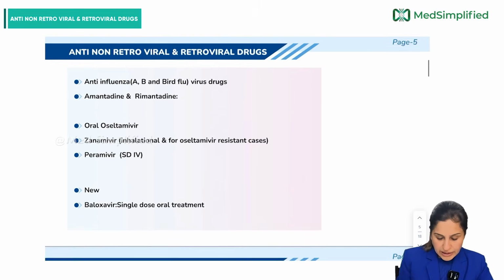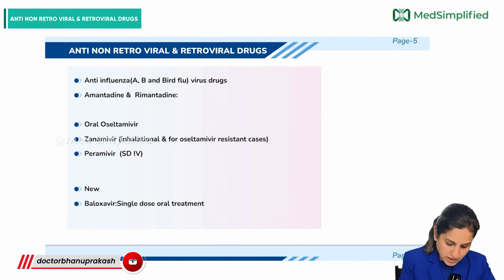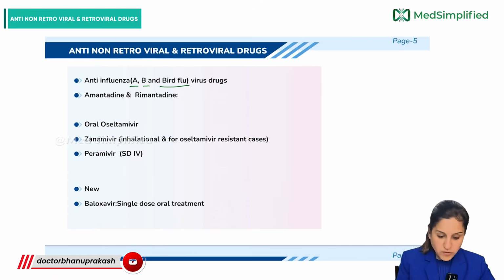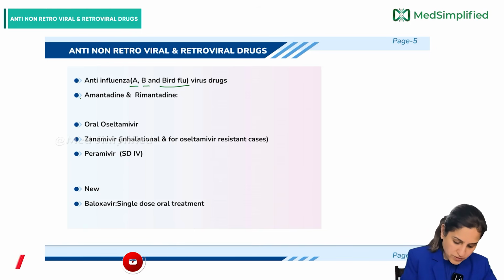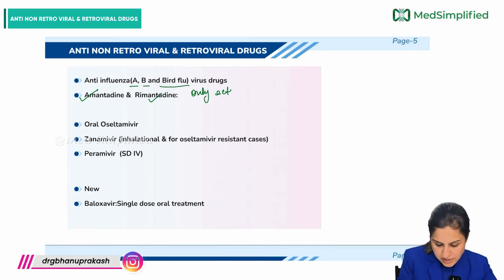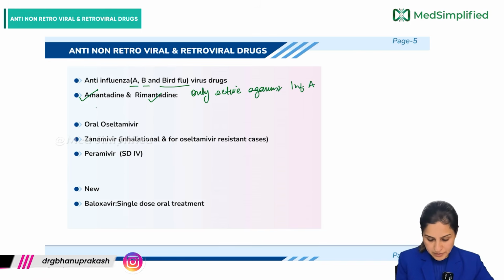Then drugs for influenza. So it is influenza A, B and bird flu. We have drugs for these infections. The first drugs we have are amantadine and rimantadine, which are only active against influenza A, not against B and the others.